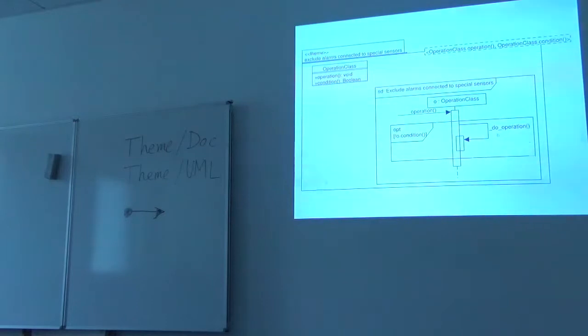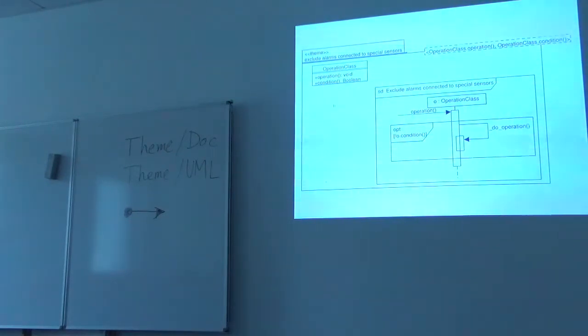Maybe that would be an appropriate thing to do in UML, but they did this. So it's just underscore do underscore. So probably you cannot use names like this in order not to confuse the reader of your model. But otherwise, the idea is there: an operation is being called.